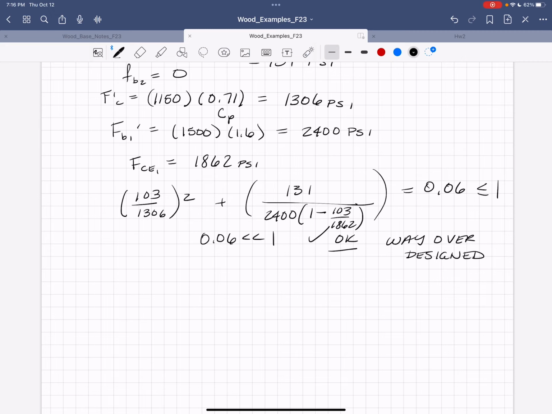So we could use a much smaller member. Or I shouldn't say much, because it doesn't take much to start causing problems. Smaller member, but we were just asking this case to check to see if this is right, and it looks like it is okay.